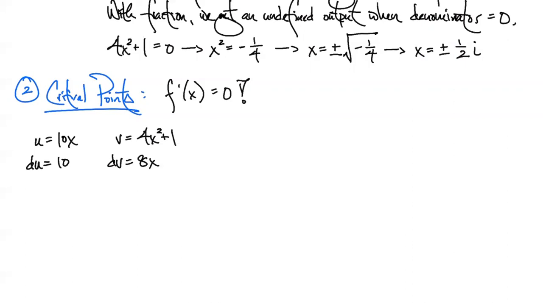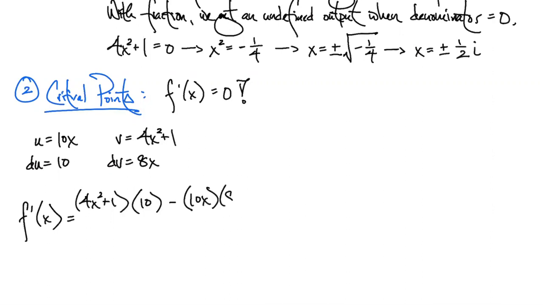We're going to plug those into our quotient rule. We want to be really thoughtful about plugging it into the quotient rule and not the product rule by accident. So I have my v du minus u dv all over v squared.